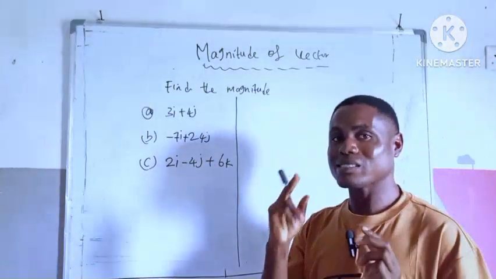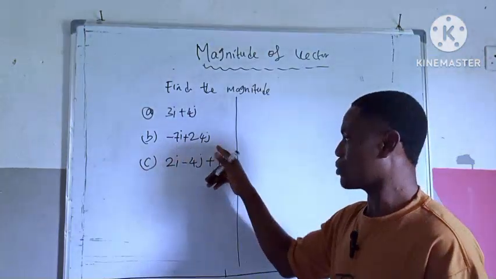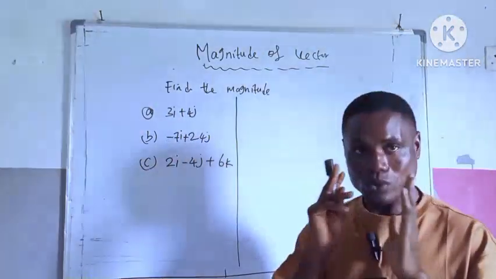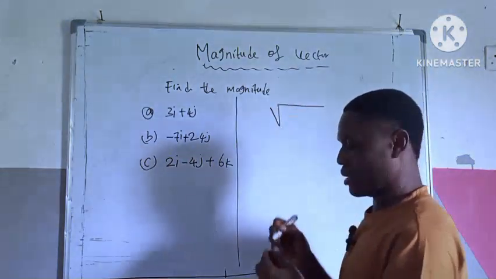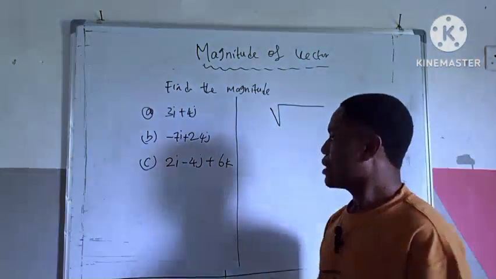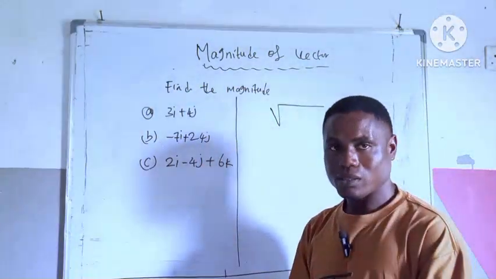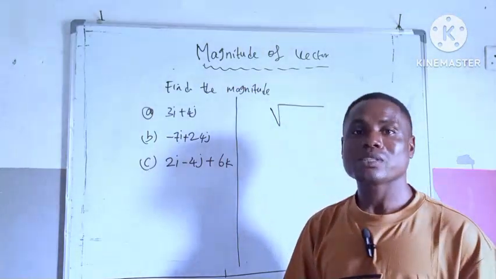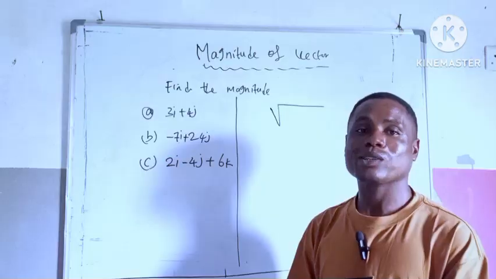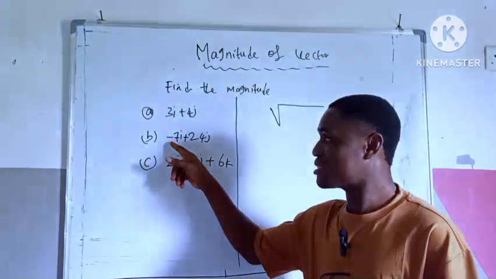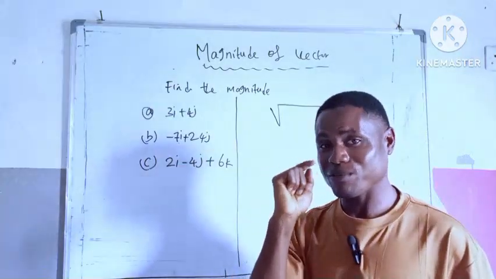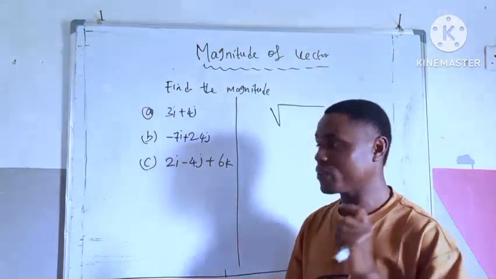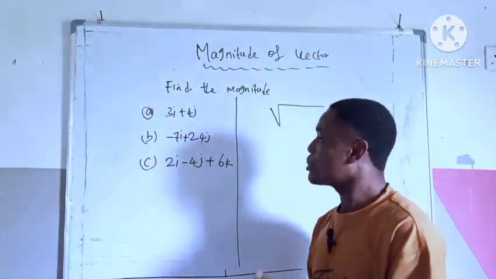You are asked what is the magnitude of this given vector. The first thing to do is what? Draw your square root sign. The first number is what? Many of you will say 7. It's not 7, it's minus 7. Don't forget this sign. Signs in mathematics are very, very vital. Take note, I'm repeating this.